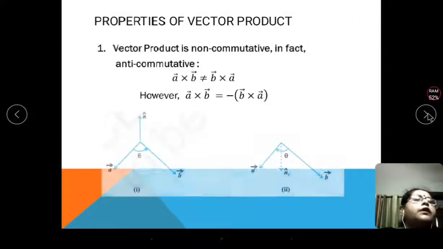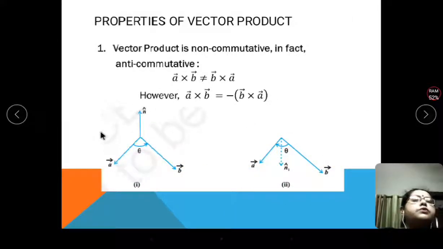Why is it so? That will be clear if we look into this figure. Now say A and B are the two vectors and theta is the angle, as usual in the anti-clockwise direction. So now n is the vector which is perpendicular to both A and B and in the direction in which the right-handed screw moves. This we have discussed just now.